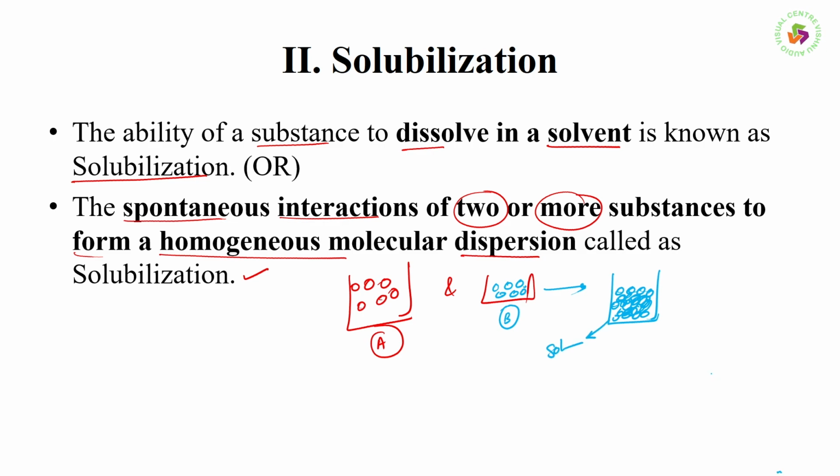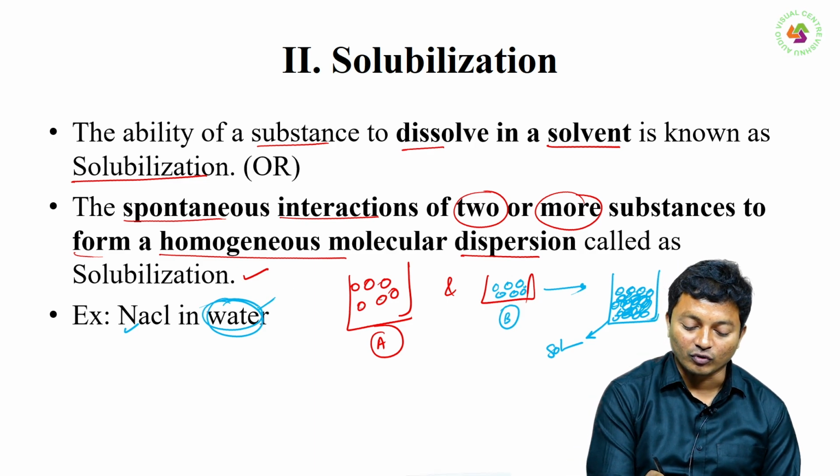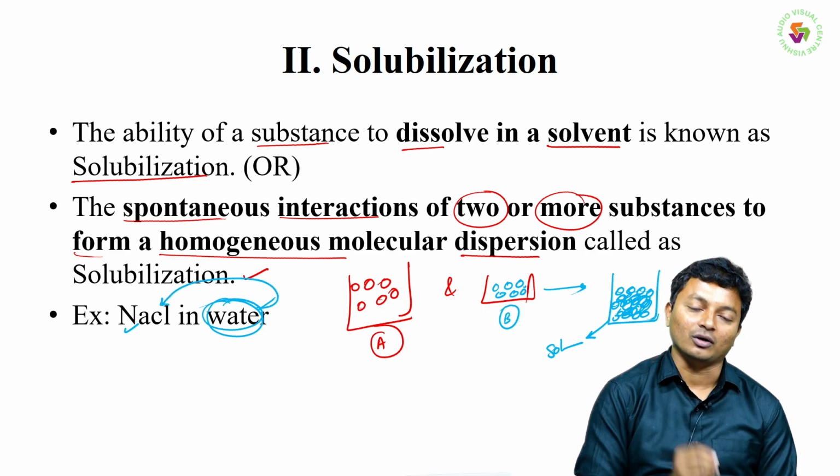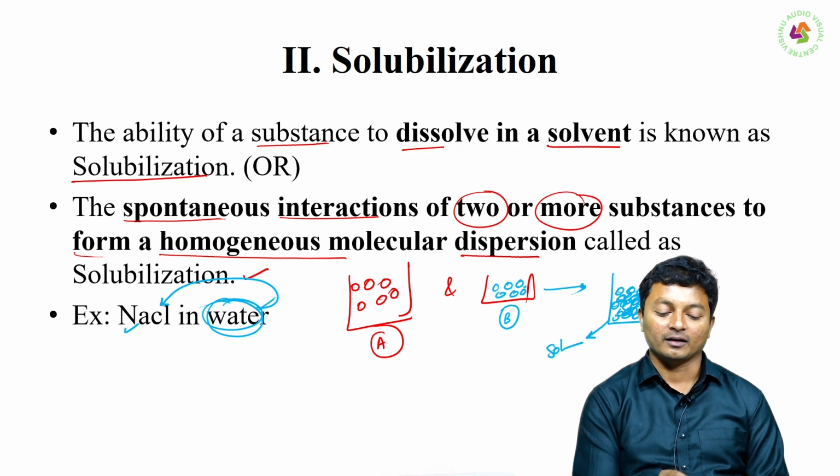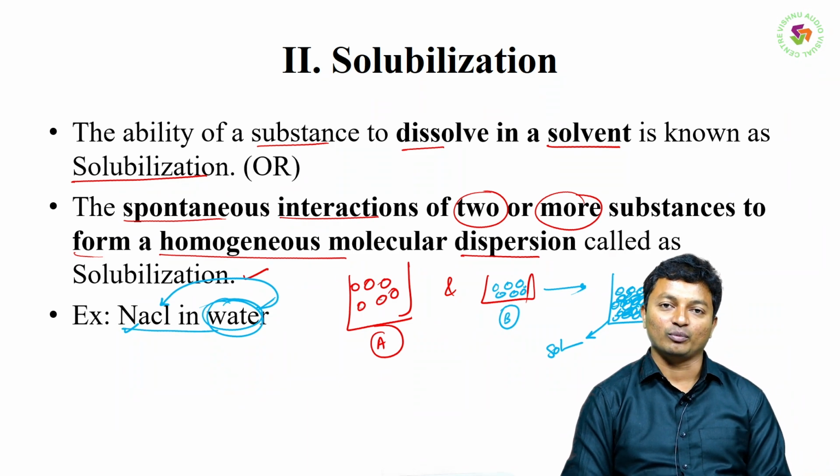Let us take an example like sodium chloride in water. When we add sodium chloride as salt in water, it immediately dissolves in the water. Here the water acts as the solvent and dissolves the salt. This is also known as solubilization.